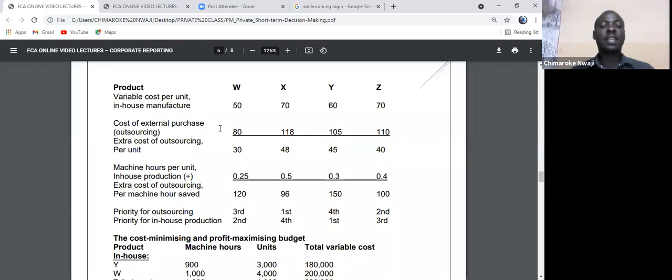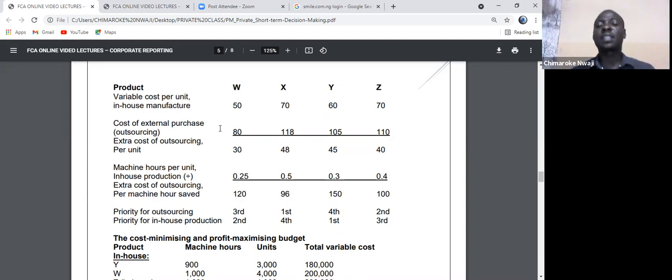So if you are taking 0.25 hours, which is like 15 minutes, to do W, and you take 0.5, 0.3, or 0.4 to do the others, when you divide by the extra cost, it means that for every 1 hour of doing job W, you will be spending 120.